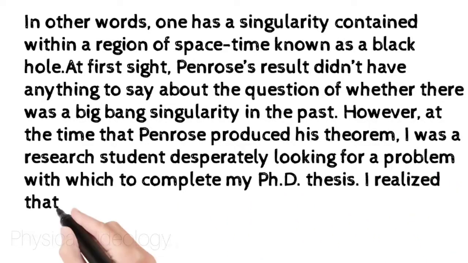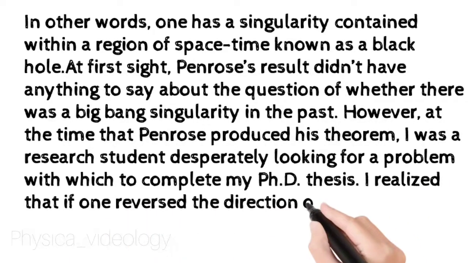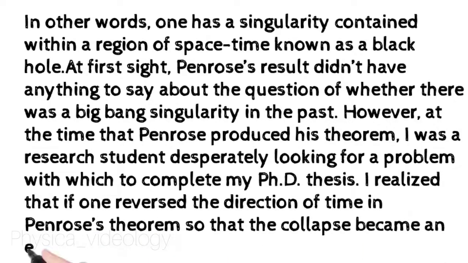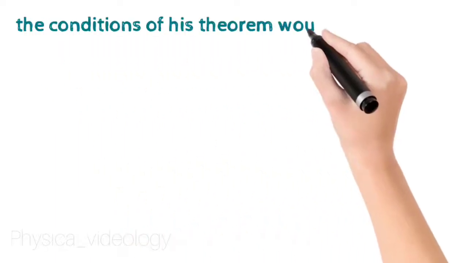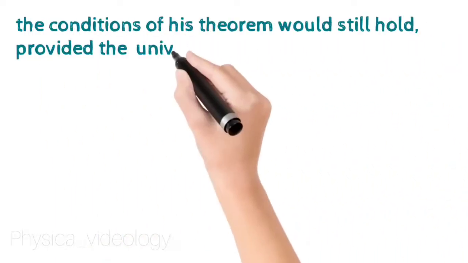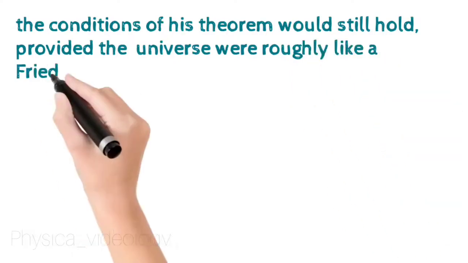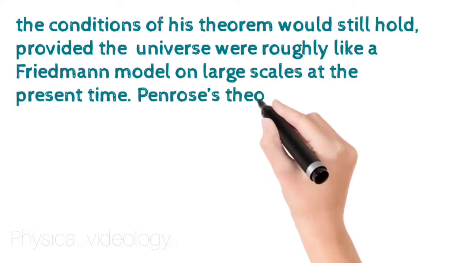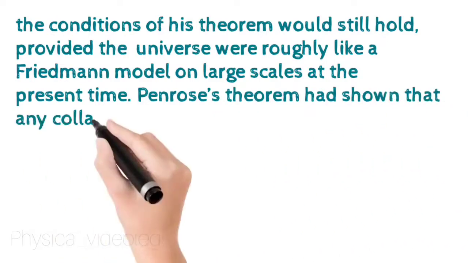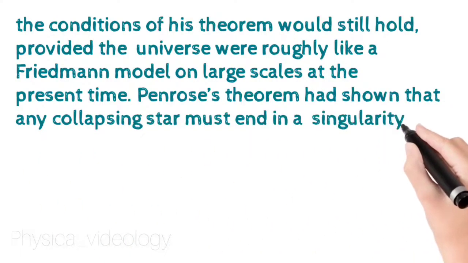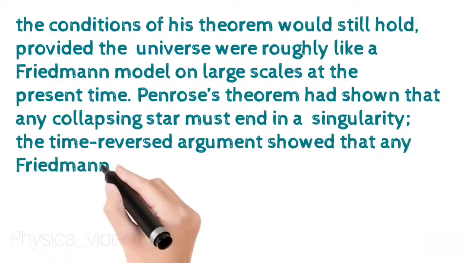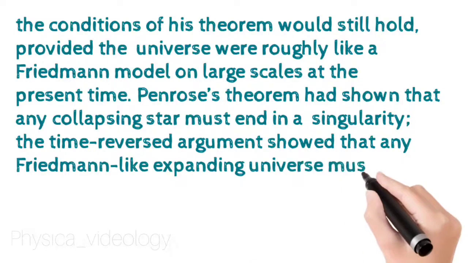I realized that if one reversed the direction of time in Penrose's theorem so that the collapse became an expansion, the conditions of his theorem would still hold, provided the universe were roughly like a Friedmann model on large scales at the present time. Penrose's theorem had shown that any collapsing star must end in a singularity. The time-reversed argument showed that any Friedmann-like expanding universe must have begun with a singularity.